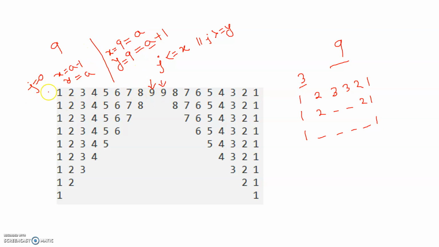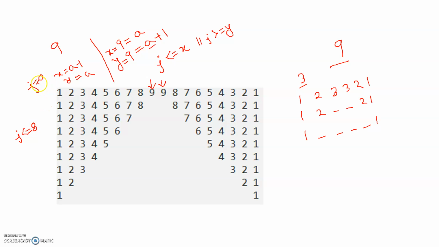So basically, if j is less than or equal to x, in the first case when you are considering the first row, suppose our column index starts from 0, so x equals a minus 1, where our a is 9. So j is less than or equal to 9 minus 1, which is 8, right?